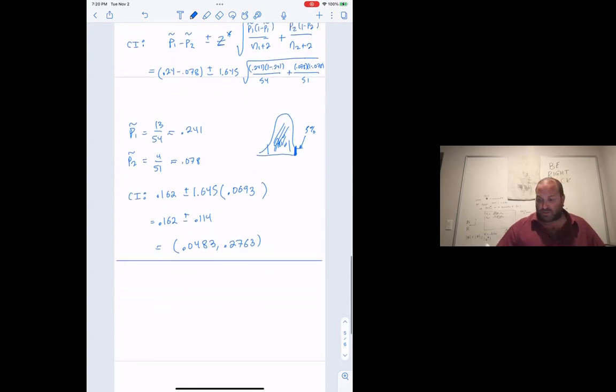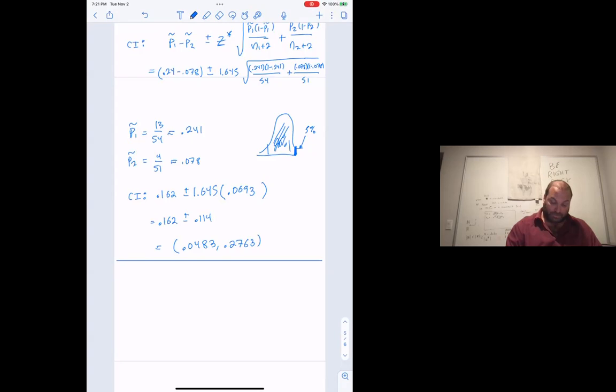Can I do the calculator part? Yeah, go to second stat, go to stat tests, and then roll down to the 2 proportion Z interval. Okay. Now, what are we putting as our X's and our N's?